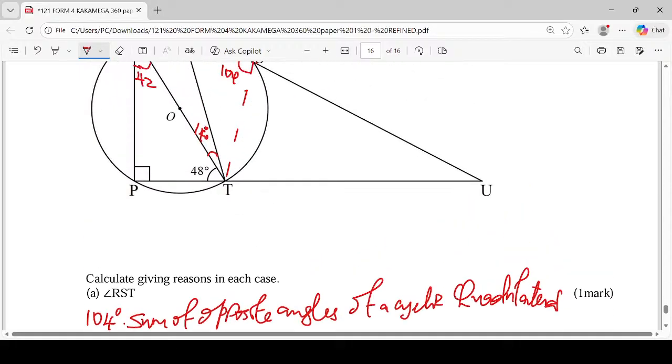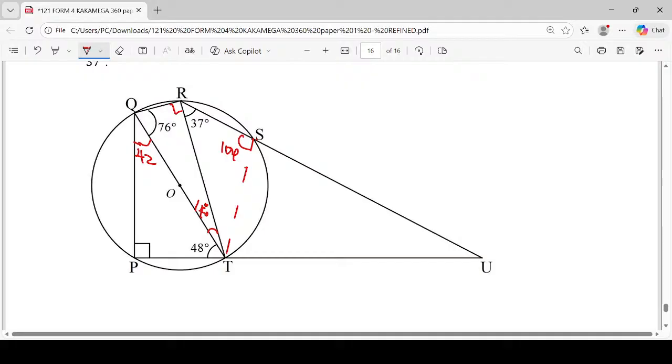SUT, let's see, SUT, the one now, this angle here. If this is 104, then this angle here should be 76. And if that angle is 76, this is 37, 104. I can get this angle.